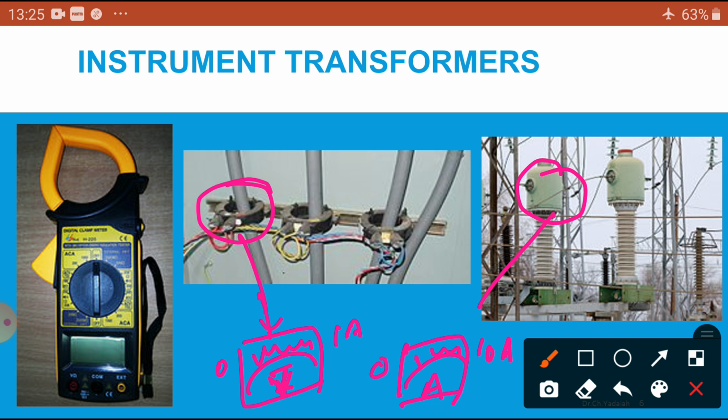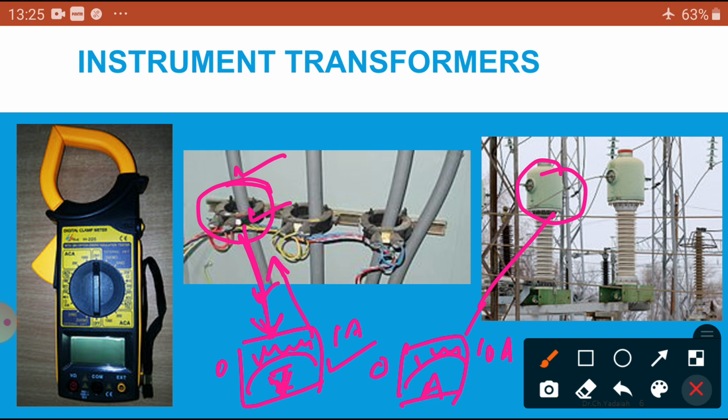Whatever current is flowing in the primary is converted in the secondary into a smaller value, which is given to our instruments. Our instruments take those values and indicate the corresponding current flowing in the primary, in such a way that we calibrated our instruments.